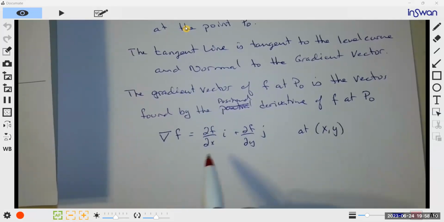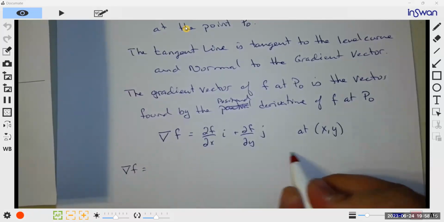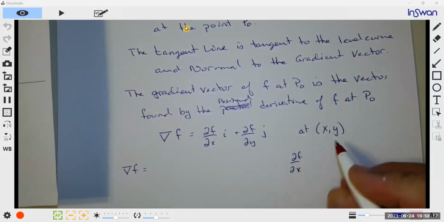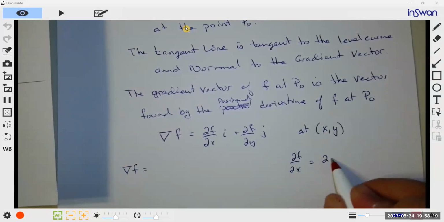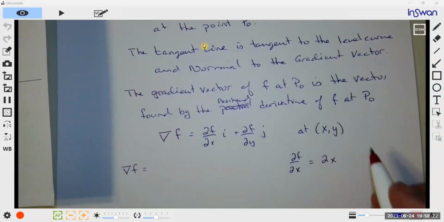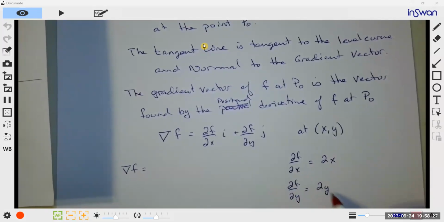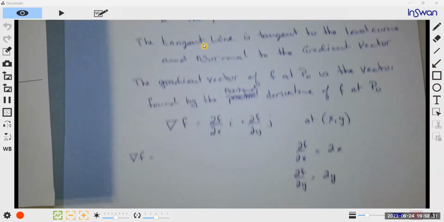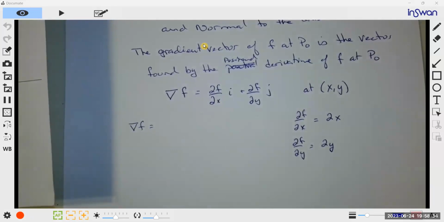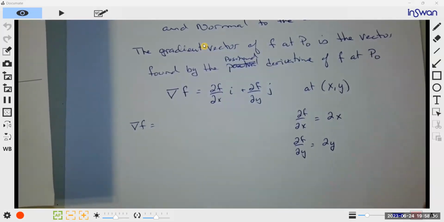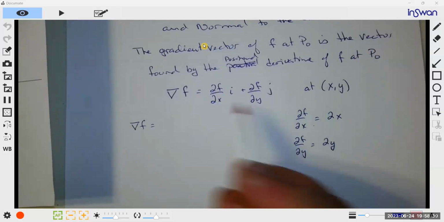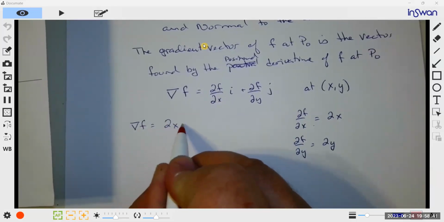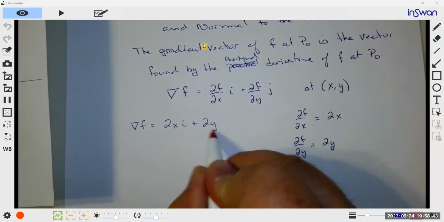So let's look at this. We have to find the del operator, the del function. So the partial of f with respect to x in our function is 2x. The partial of f with respect to y is 2y, which is x squared plus y squared equals 7. So putting these in there, we get 2x i, 2y j.